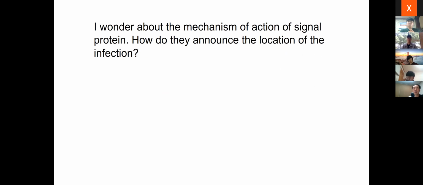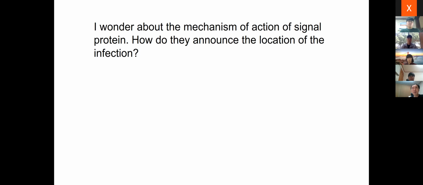If we have wounds, then some cells secrete signaling molecules. How do they announce the location of the infection? Any idea? Let's say we got some infection on the finger, and some cells in that area, dendritic cells or helper cells, secrete some signals and try to recruit more immune cells to that area.